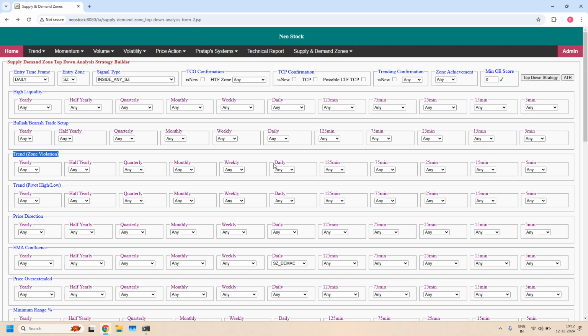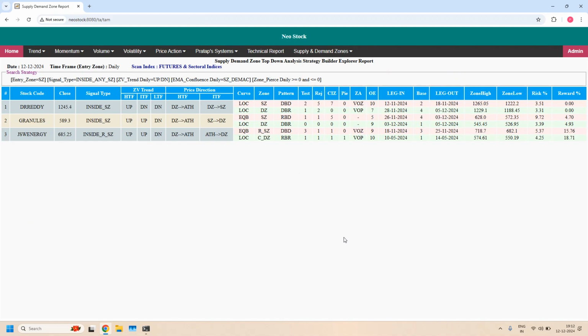So in the trend at a daily time frame, I am selecting up or down. Let's filter the stocks. We got only 3 stocks out of 26. In these 3 stocks, the daily supply zones have daily EMA Confluence, and price also closed inside the daily supply zone. So this is about daily time frame.